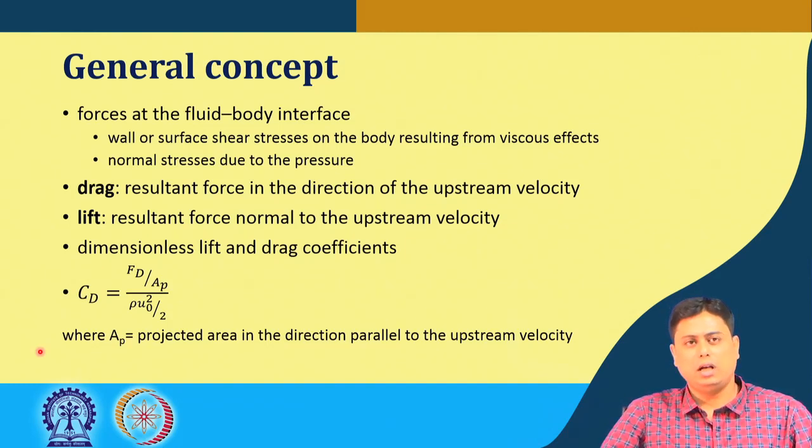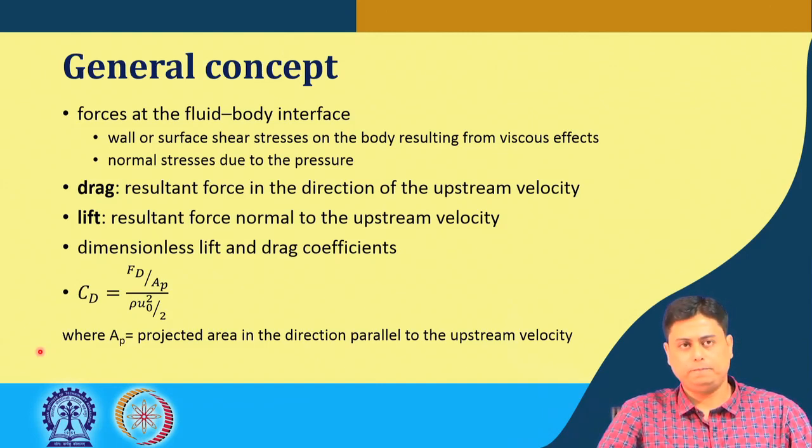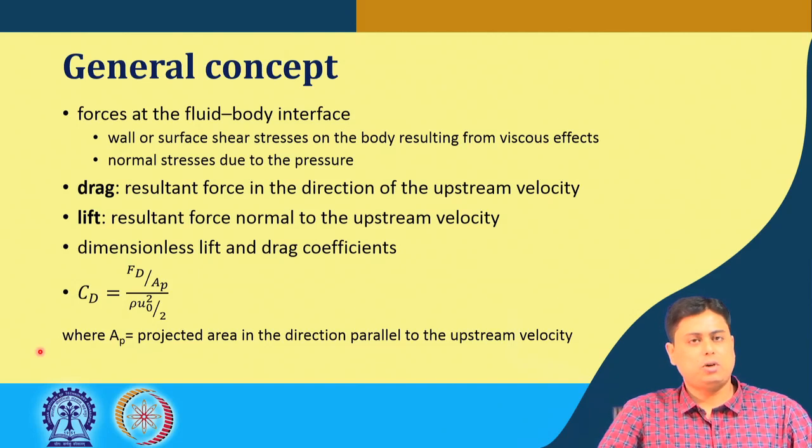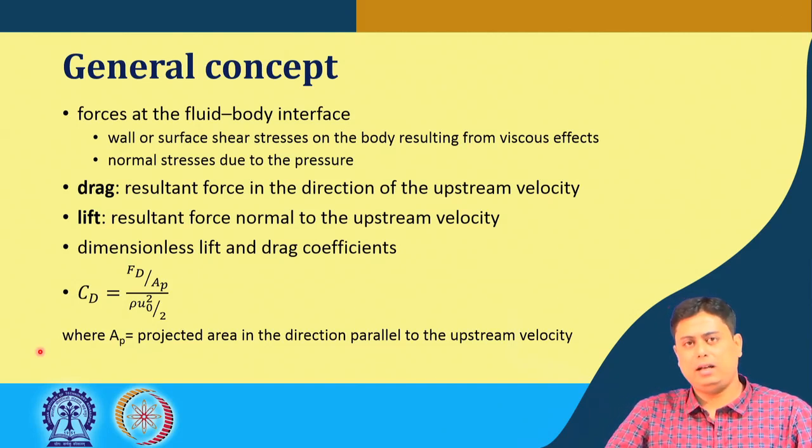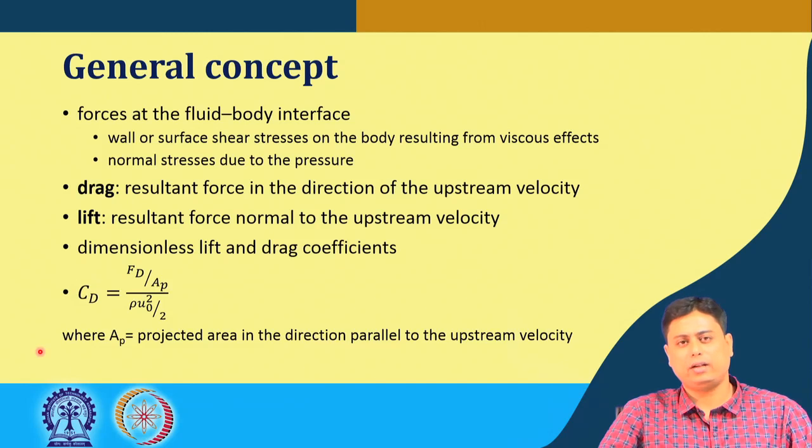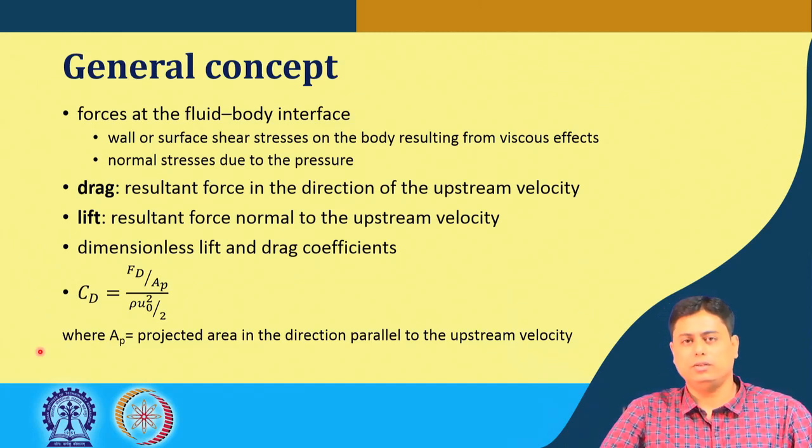If you remember, we defined the drag coefficient as the overall drag force divided by rho u square by 2 times A p, where A p is the projected area in the direction parallel to the upstream velocity. So, basically shear stress contributes mainly to the drag force when the surface is parallel to the flow direction, and in fact it is the dominant factor.